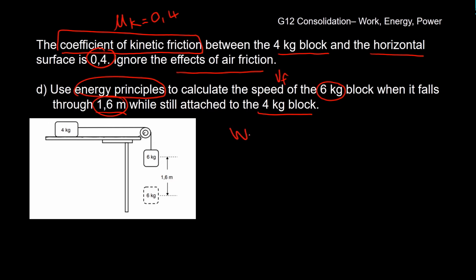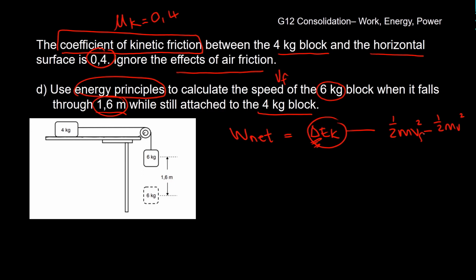From our definition, we know that the net work is equal to the change in the kinetic energy of the system. Kinetic energy, we know, is half mv squared, and we want the change in kinetic energy, so it would be minus half mv squared.